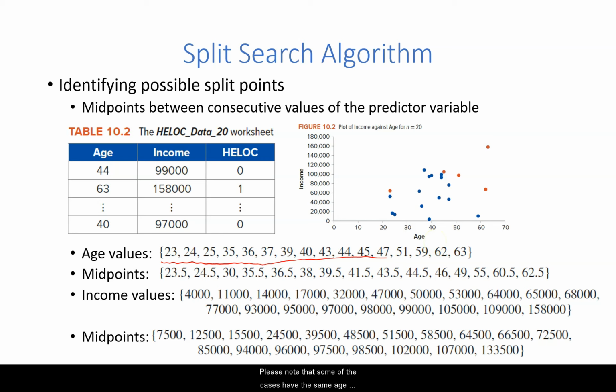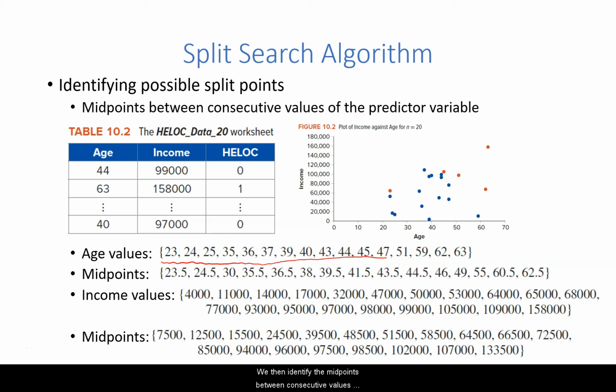Please note that some of the cases have the same age value in the dataset, and for ranking purposes, only distinctive age values are listed here. As a result, we have a total of 16 distinctive age values for the dataset.